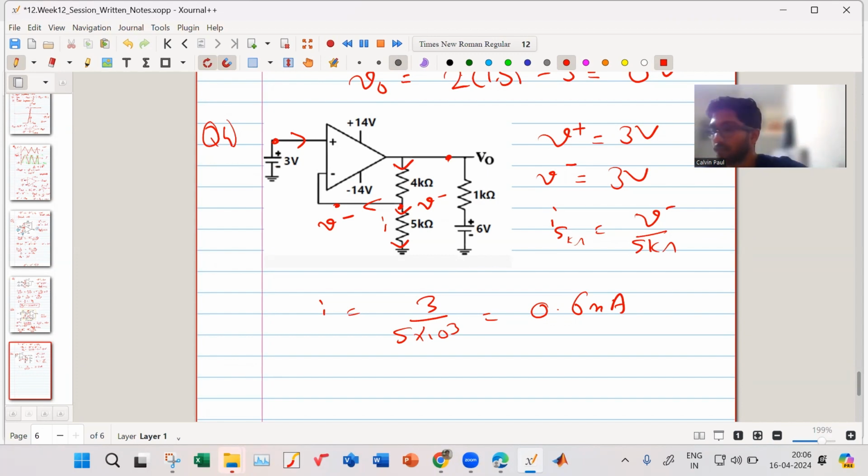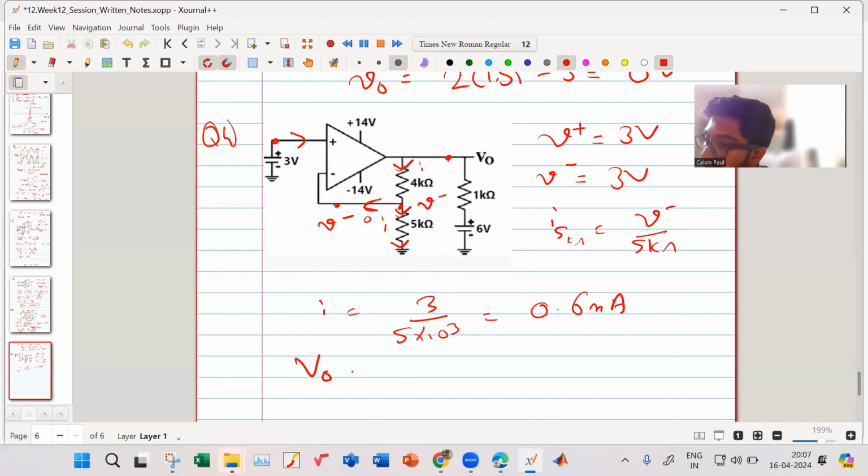Apply KCL, 0.6 milliampere. This also is current I only, because all the current flowing like this is going over here. No current is going here. This current is 0. Through that 4 kilo ohm also it is 0.6.